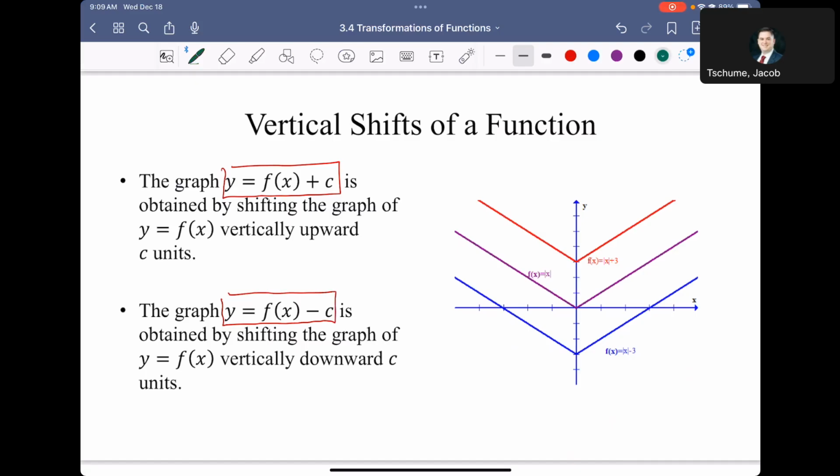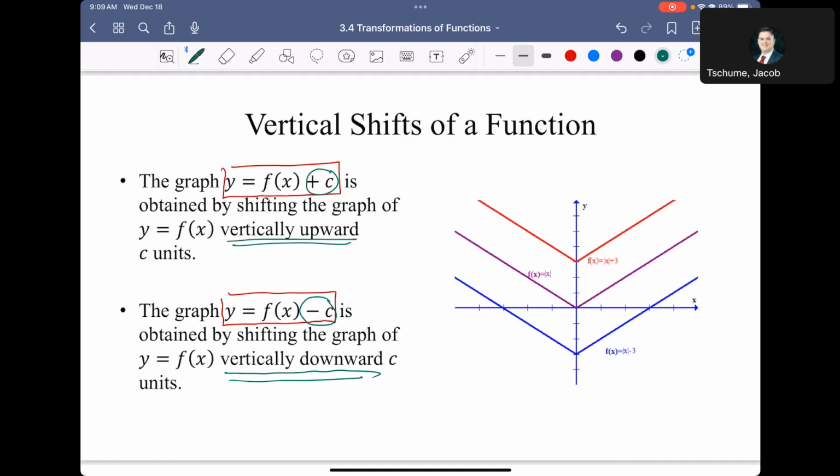If you have a plus c, like adding a 1 or a 2, you're going to be shifting it upward. Versus if you have a number that's being subtracted, like a -4, that means you're going to be shifting downward from the original graph.